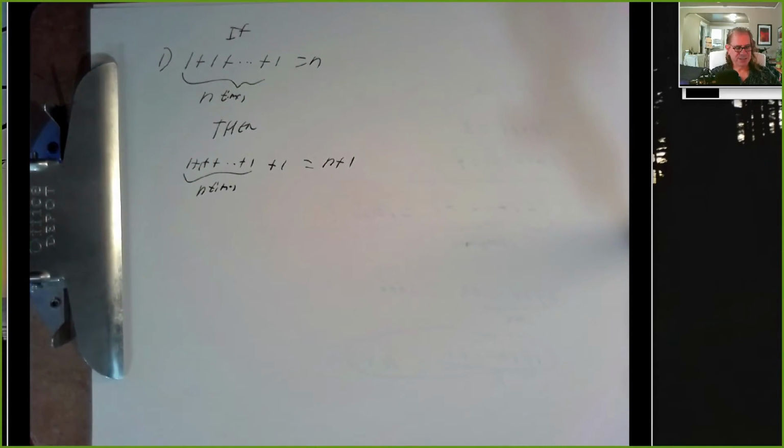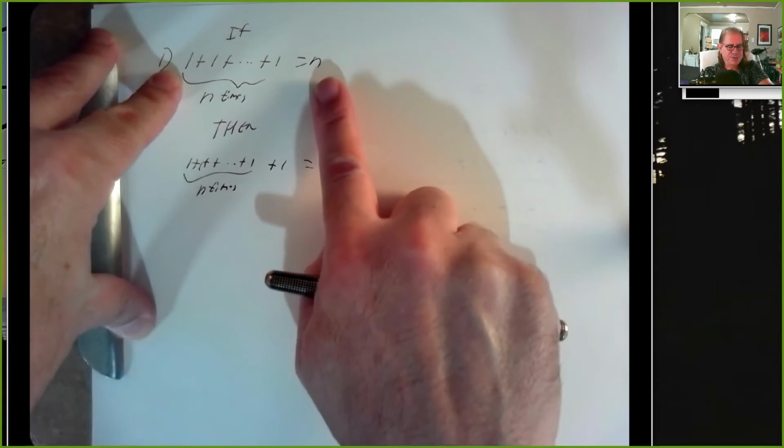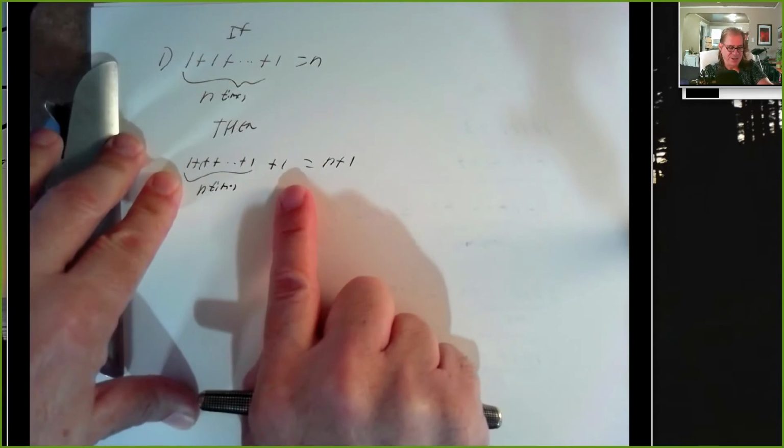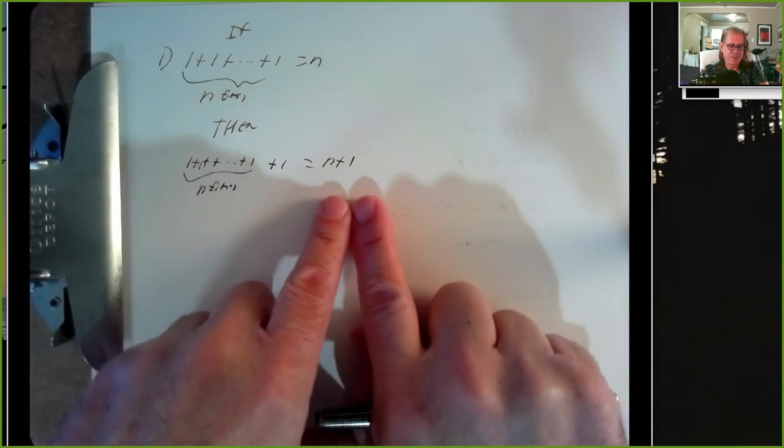Proposition 1 says if the sum of n ones is equal to n, then the sum of n plus 1 ones is equal to n plus 1.